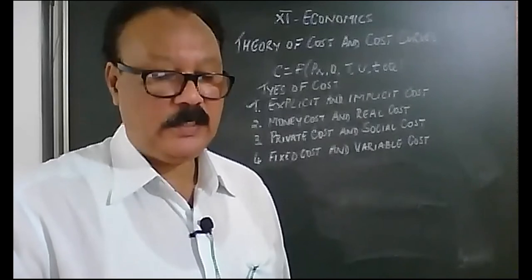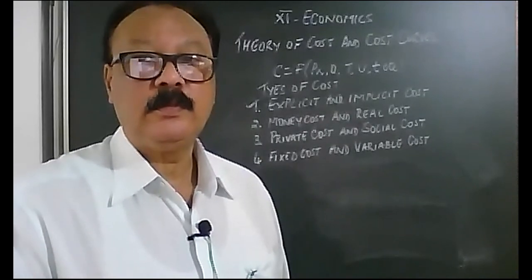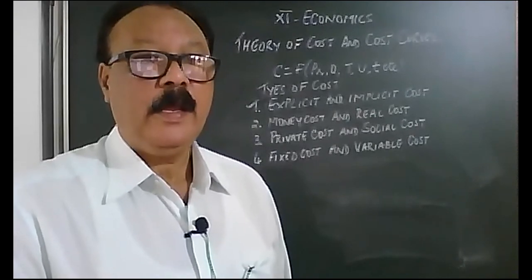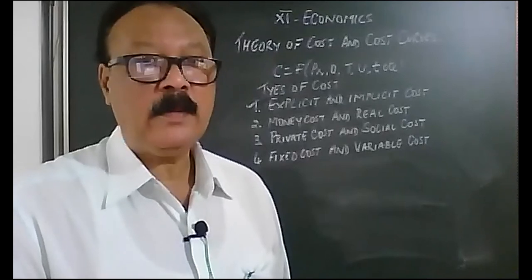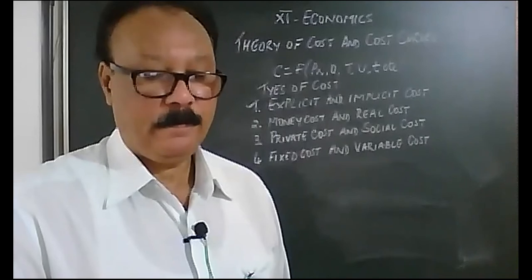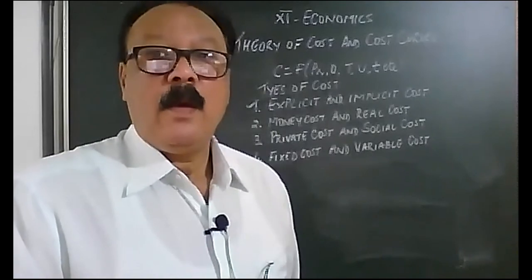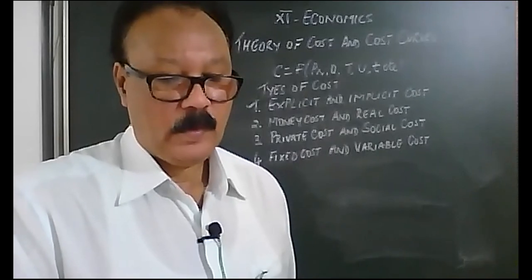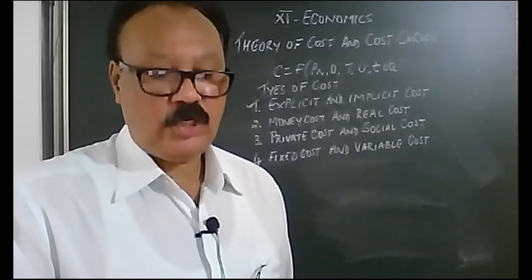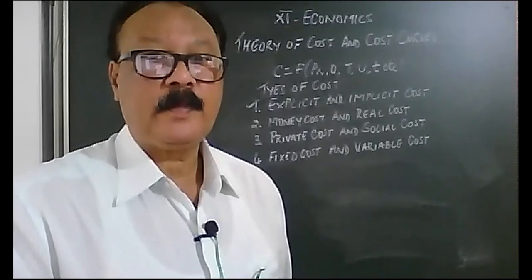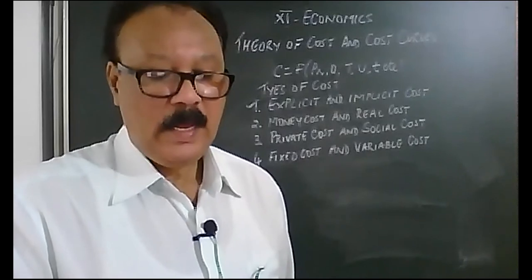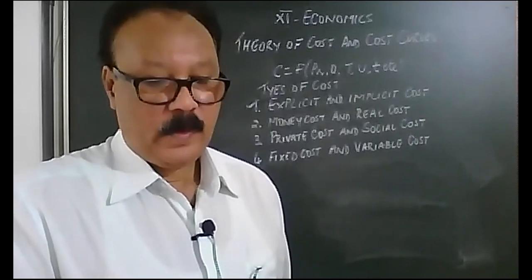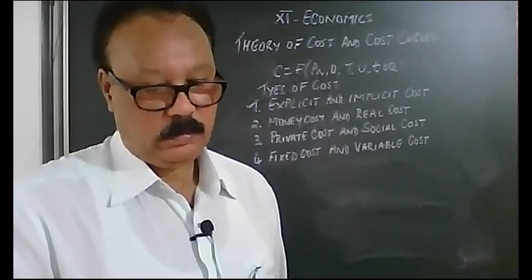Money cost is the amount spent in terms of money by a firm for the production and sale of a commodity.